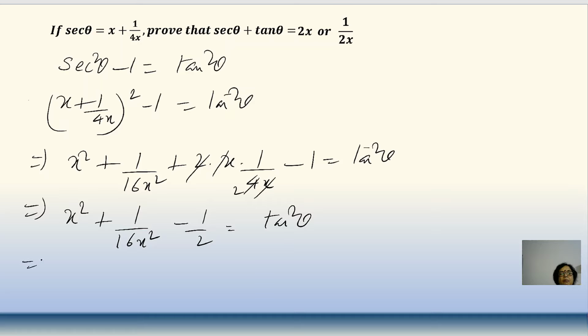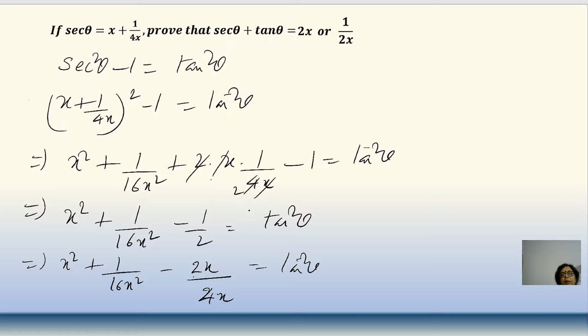So now this can be written as x square plus 1 by 16x square. We can multiply this half by 2x and at the same time divide it also by 2x, so we'll get here 4x. Alright, this is multiplying and dividing by 2x and 2x. So this is equal to tan square theta. Now this becomes 2 into x into 1 by 4x, as we had got over here.